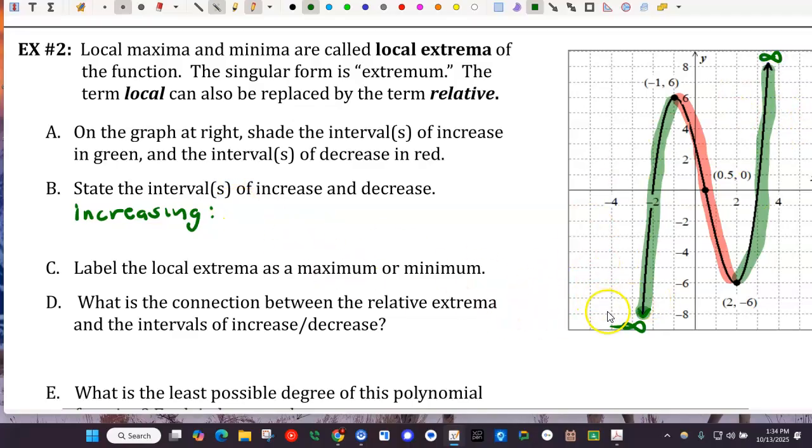So the first increasing would be negative infinity with a parenthesis, comma, and it goes right until you get to -1. And that we can use a bracket. And then also from 2 to infinity, parenthesis.